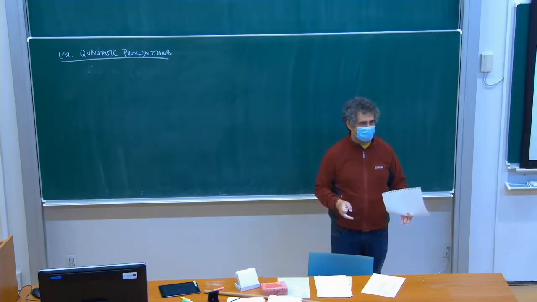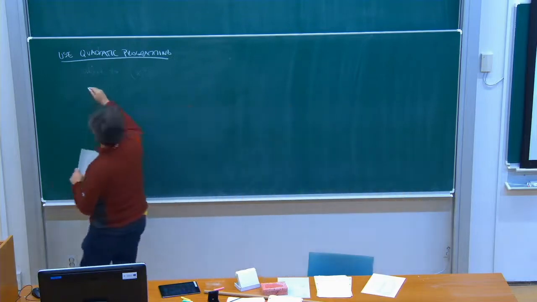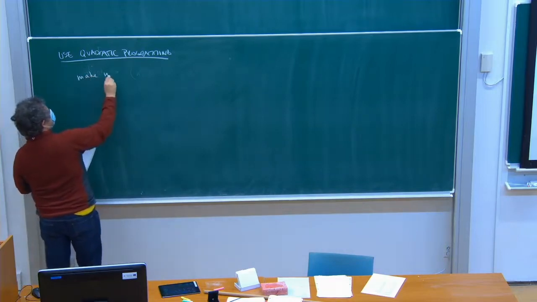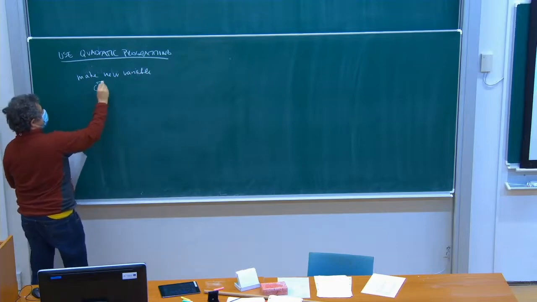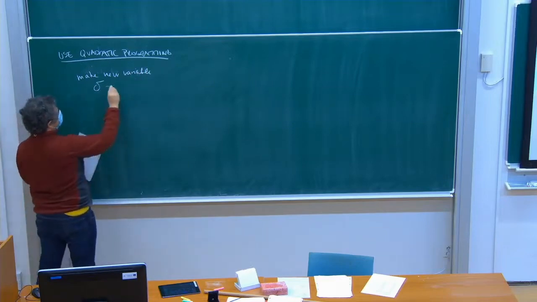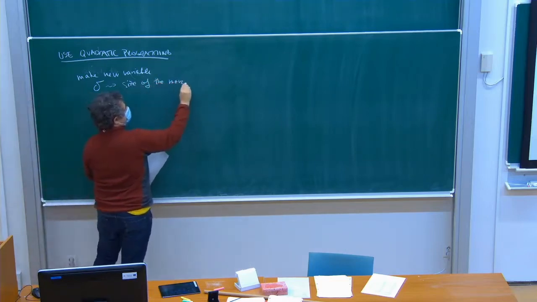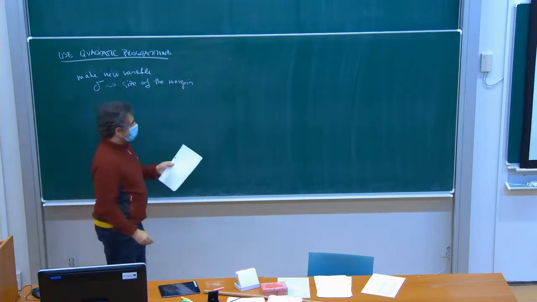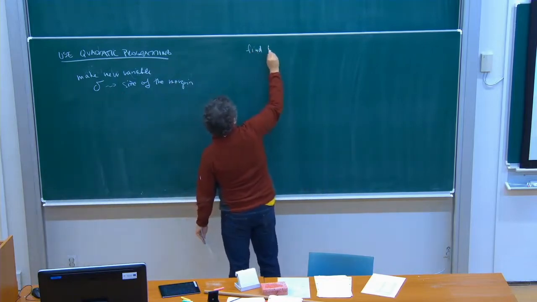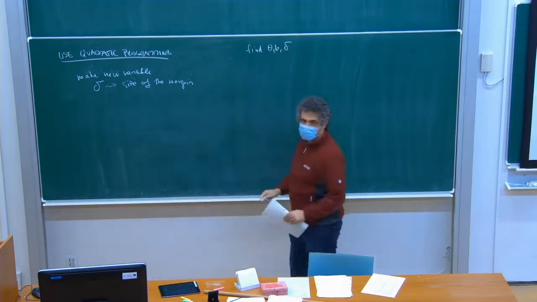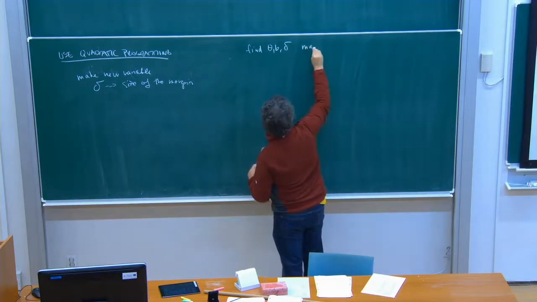We make a new variable, which will be called delta, and this will be the size of the margin. So how will our program look? You should obviously find theta, b, and delta. These will be our variables. And you want to maximize delta.